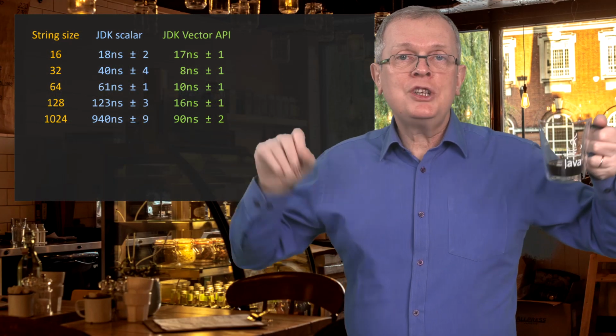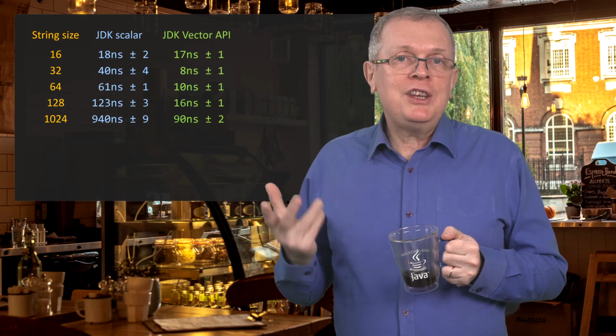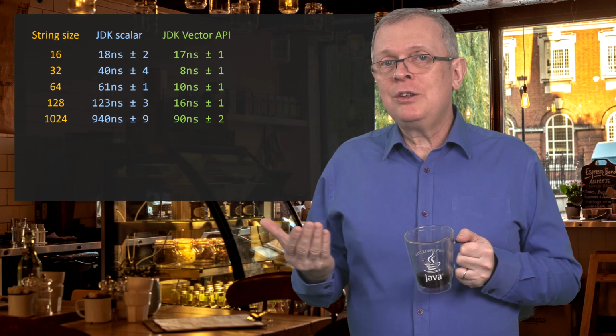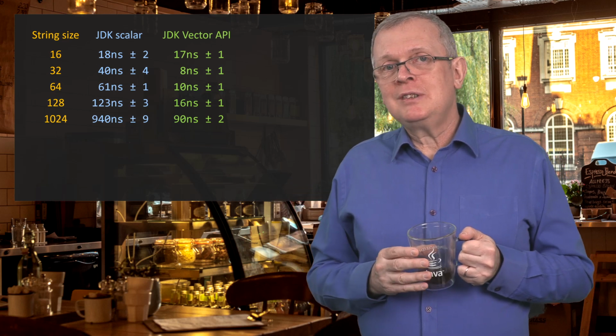I will just give you one example, which is the equals ignore case benchmark. It just compares two strings of characters of various lengths, ignoring the case. These are the performances measured on my machine with the current JDK implementation based on classical loops, and second with a vector implementation.